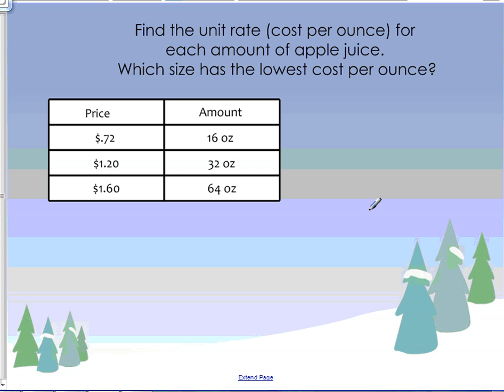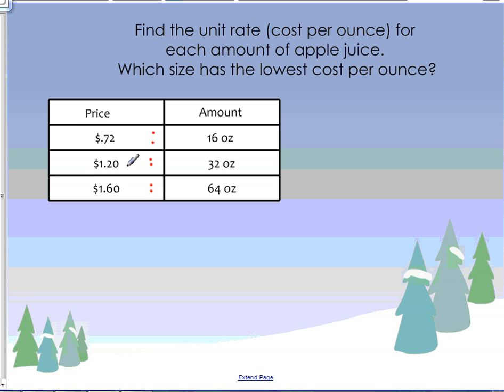So what we would do here is we would actually go through and we would create our ratios. So to save time, I'm just gonna go like this, make our unit rates a little easier to understand. Okay, these are colons. Okay, so we have 72 cents for 16 ounces. So then we would divide those two, figure out how much 1 ounce would cost.